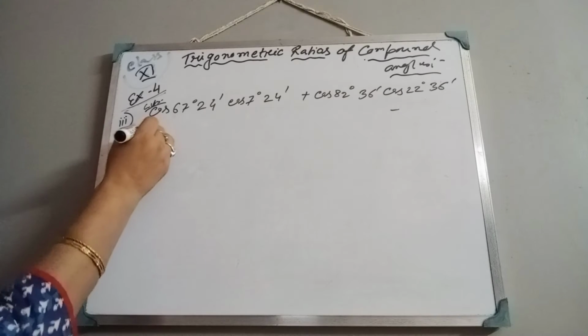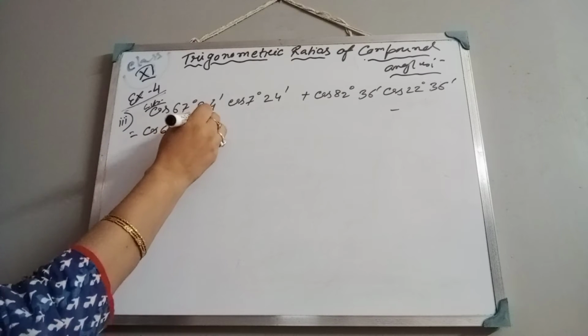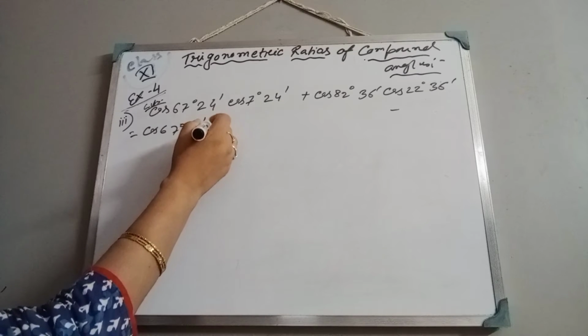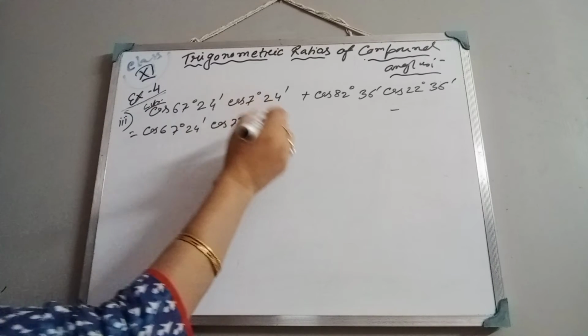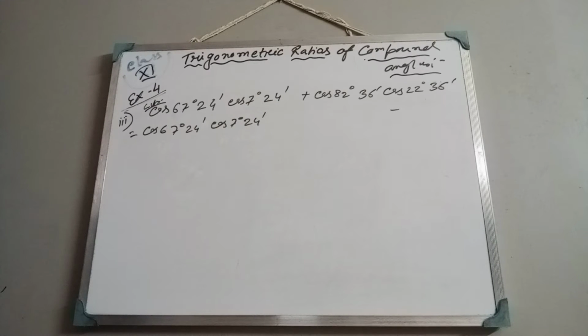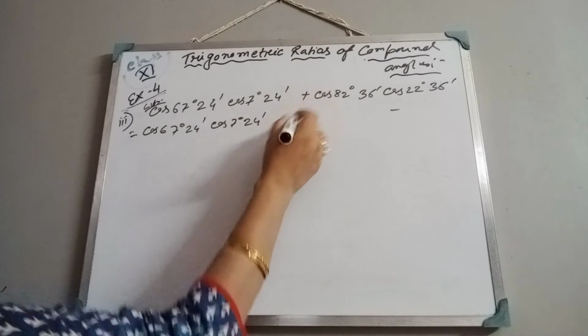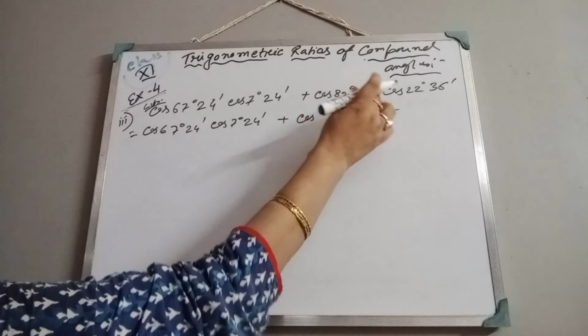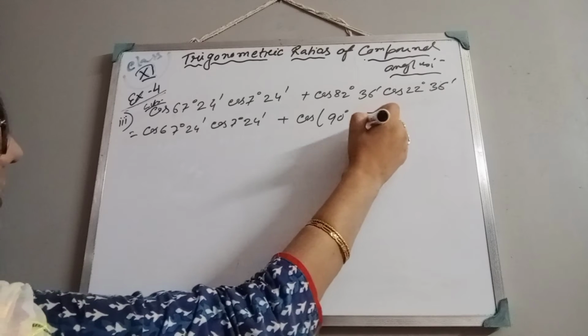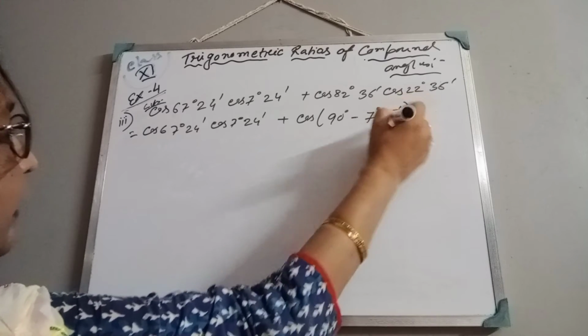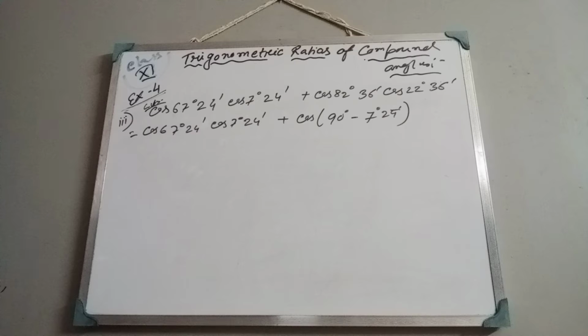Now see, cos 67 degree 24 minute, cos 7 degree 24 minute, there will be no change of these values. Plus cos 82 degree 36 minute, this we can write as 90 degree minus 7 degree 24 minute.